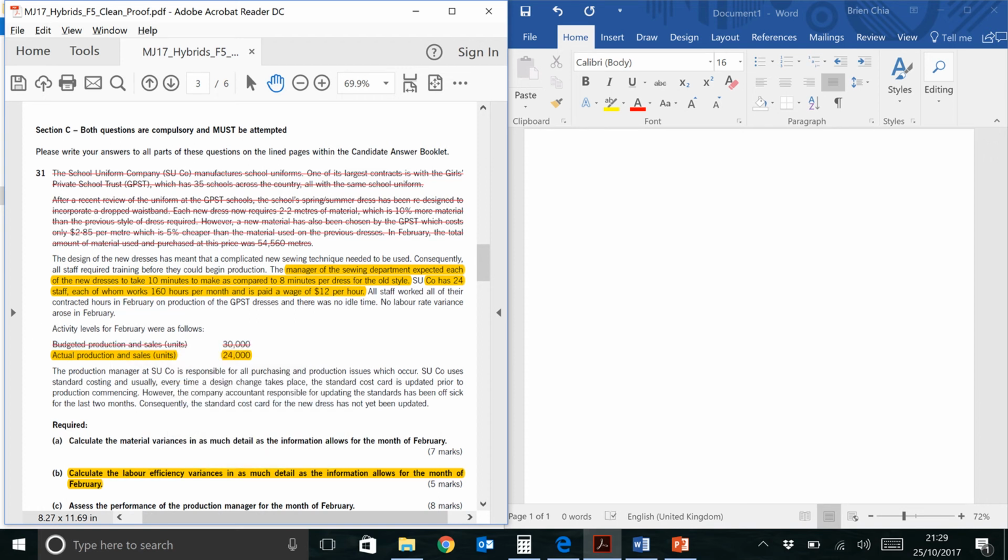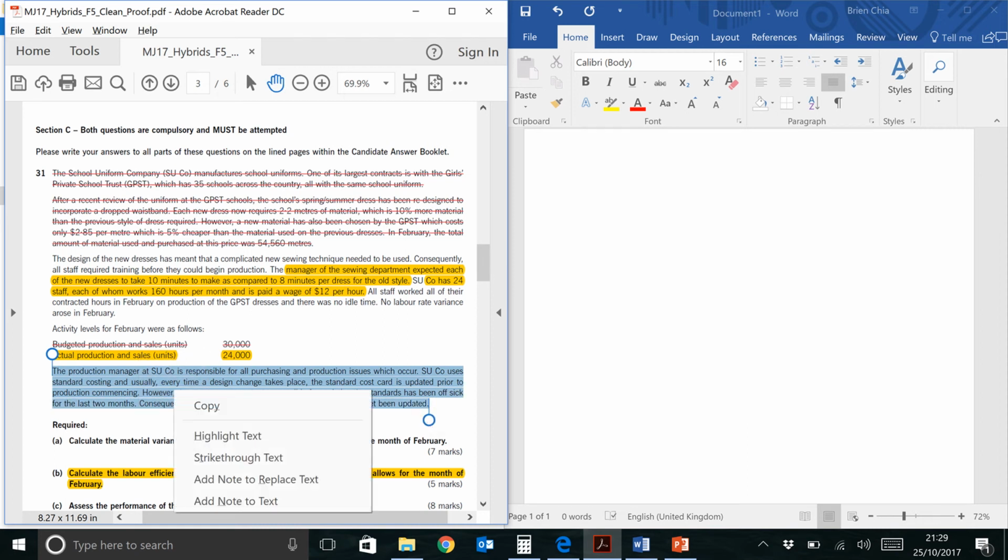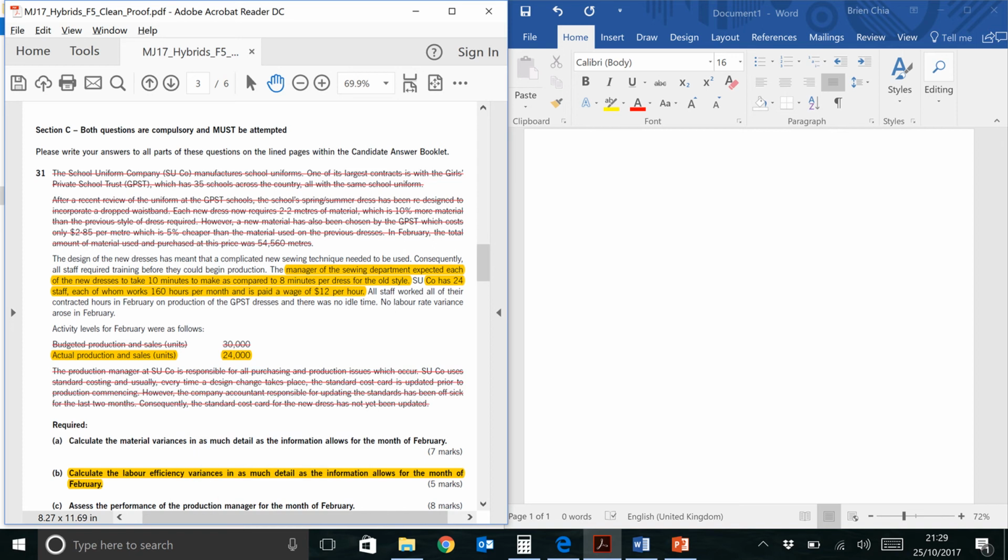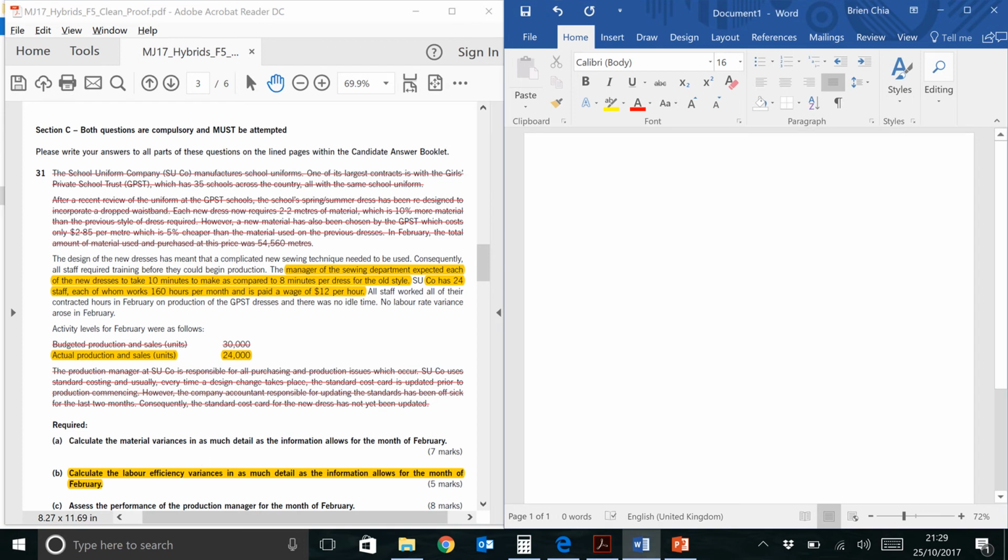This paragraph is also not important. There's nothing there that helps us to calculate anything, so I'm going to cross that out as well. So you see, when you go through this process and read the question very carefully, you can minimize the amount of effort you need to spend reading all that stuff.